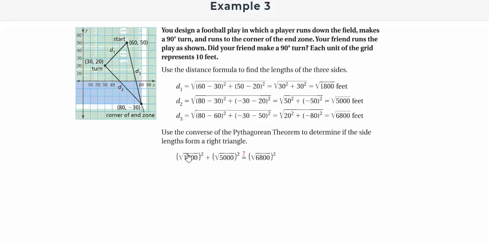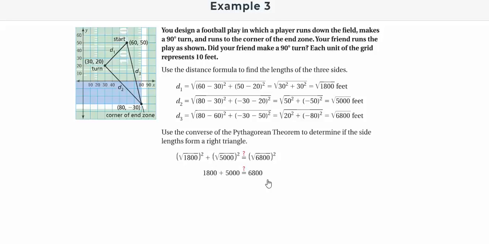So we take the square root of 1800 squared plus the square root of 5000 squared, and check to see if it's equal to the square root of 6800 squared. And remember, what did I say about squaring and square rooting? They undo each other. So simply, the next step, it'll just be 1800 plus 5000 equals 6800.